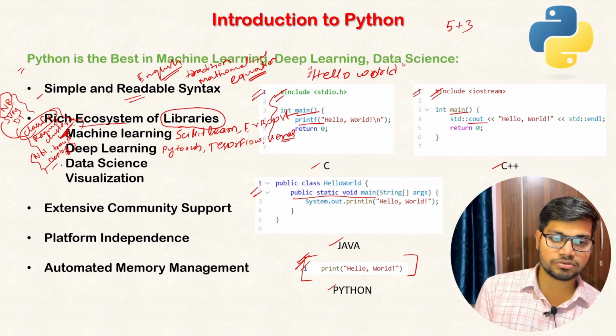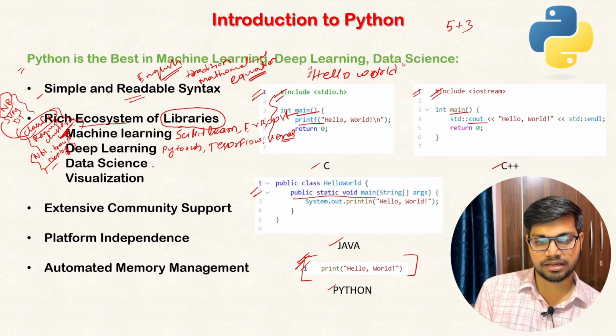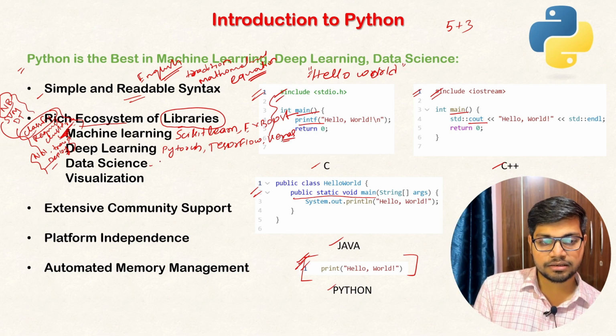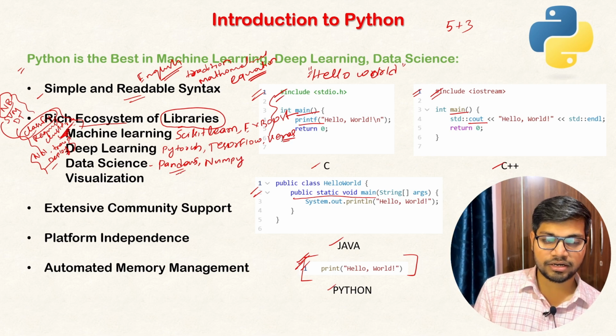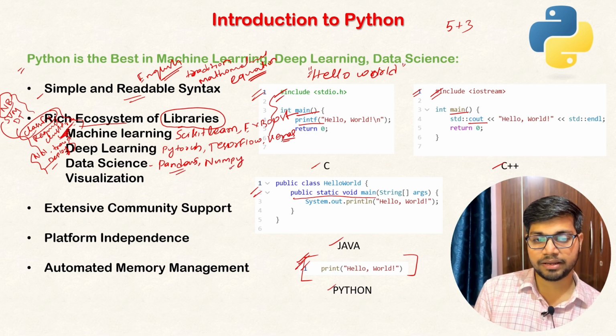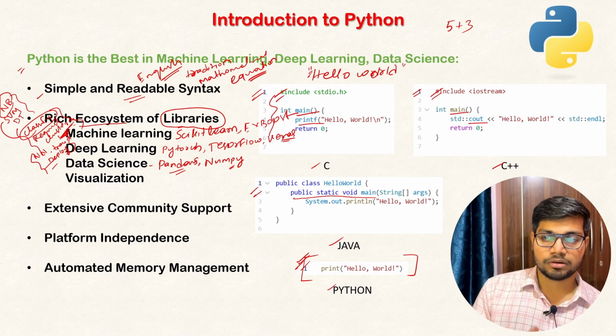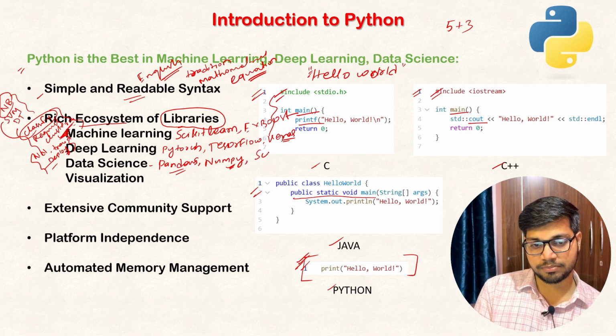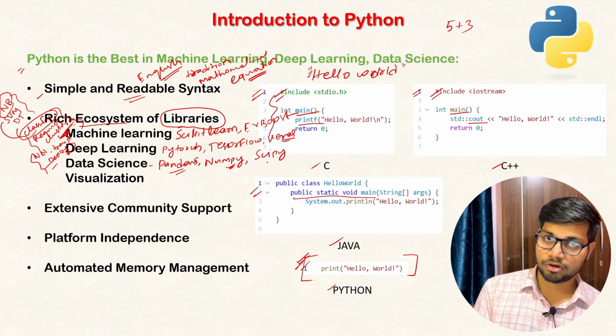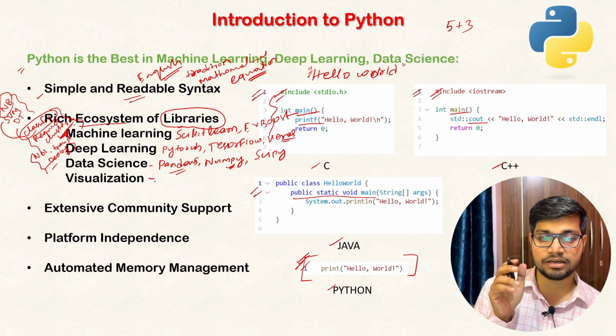Again in data science also various libraries are there, like pandas and numpy. Pandas works over data like data frames, and when you need to work on n-dimensional data you will use numpy, and also scipy which provides various statistical operations. As we are working in machine learning, deep learning, data science, we also need visualization tools.